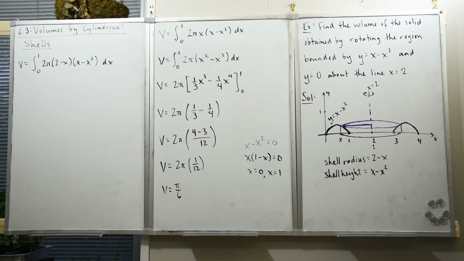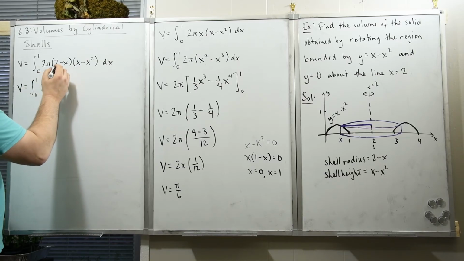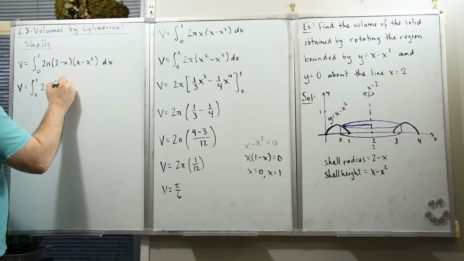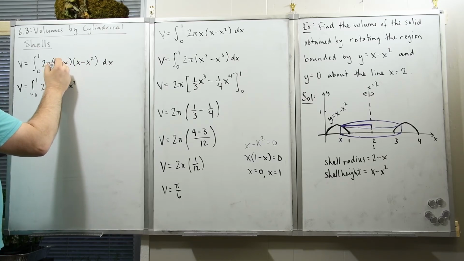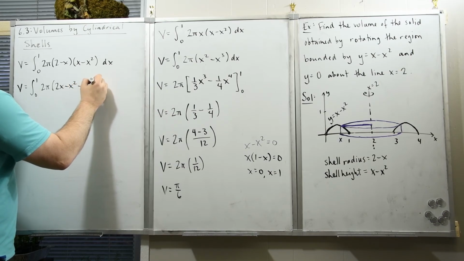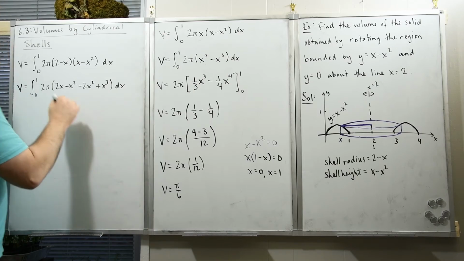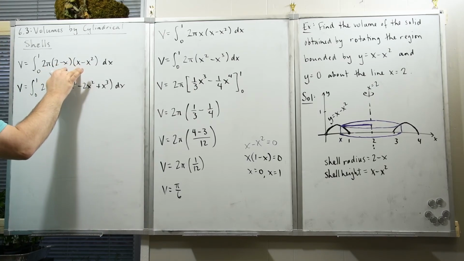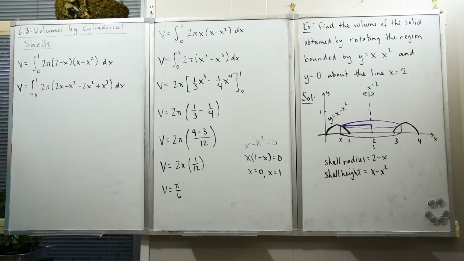Now at this point, we multiply through, and we'll have 2x minus x squared minus 2x squared plus x cubed.